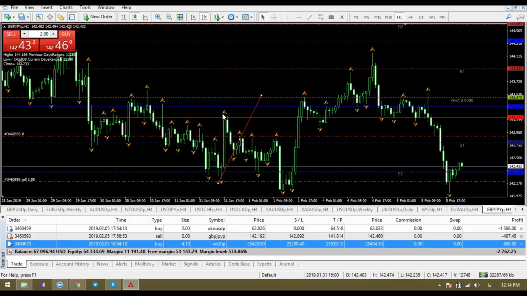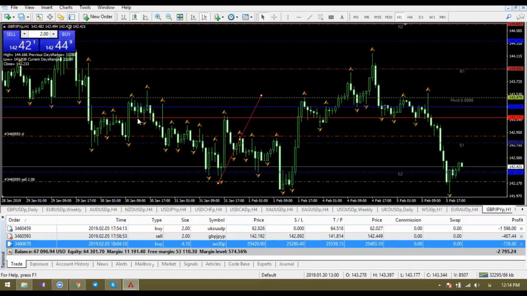Teacher, this candle, should the shadow hit the pivot or the body, or the main body? I have a lot of questions in this topic. The shadow of that candle that went up should hit the pivot.